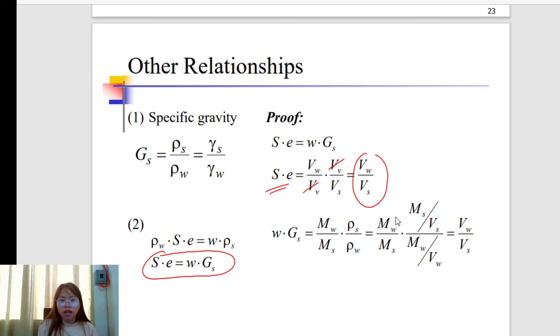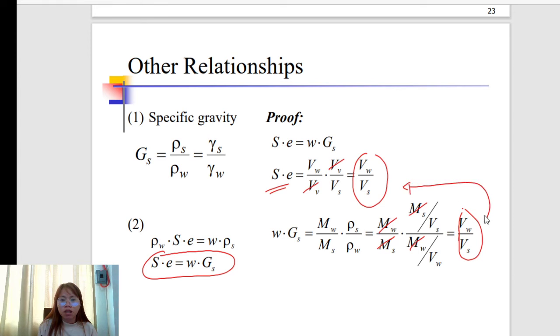And the density of soil is equal to the mass of soil divided by the volume of soil, and the density of water is equal to the mass of water divided by the volume of water, so that this will cancel, and the remaining relationship is equal to this volume, which is the same with this one.